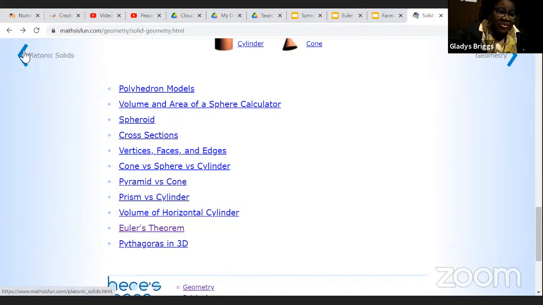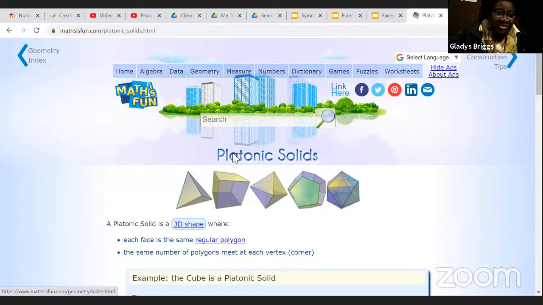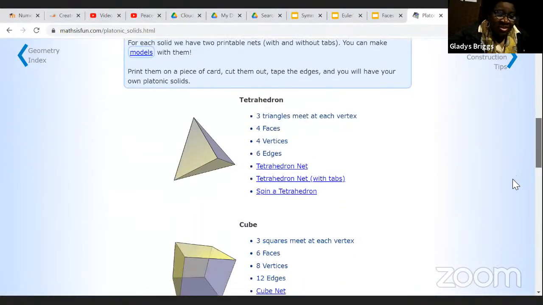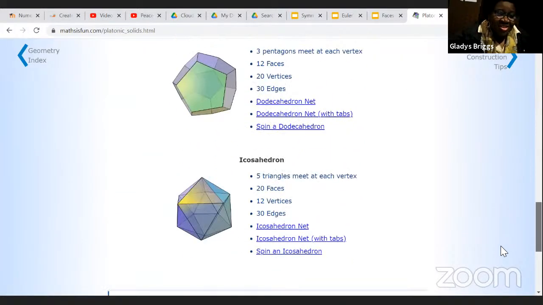So that's that one. And I think we were looking at symmetry, isn't it? That's what we're looking at, rotational symmetry.